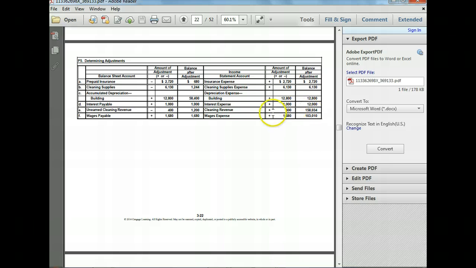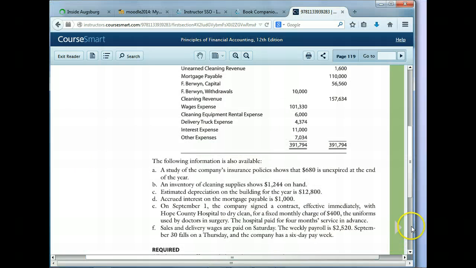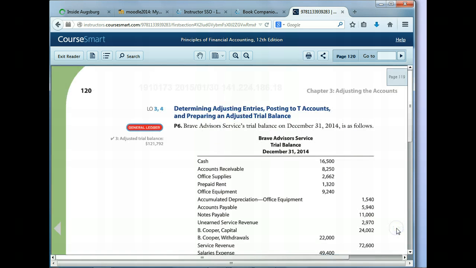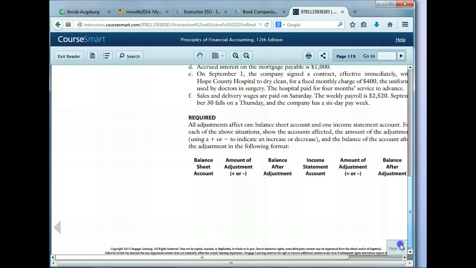We'll want to add that $1,680 to that previous balance to come up with a balance after the adjustment of $103,310. Now the next thing that we're supposed to do is, as you can see, whoops, I guess that's everything we needed to do for problem 5, so there you go.